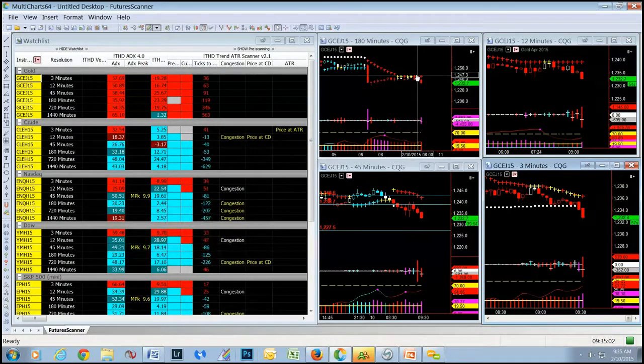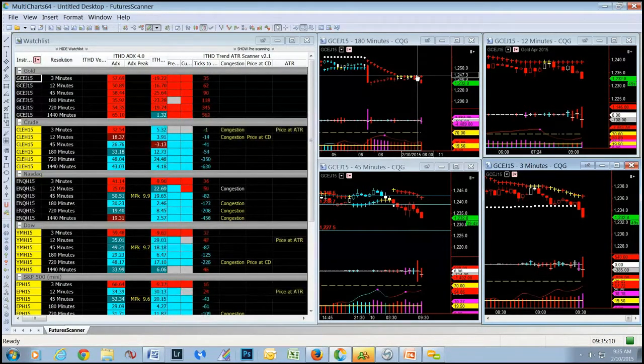If you are at an ATR, Suzette, whether it's commodities or forex or anything, if it's on a higher time frame, you better pay attention because it's significant.